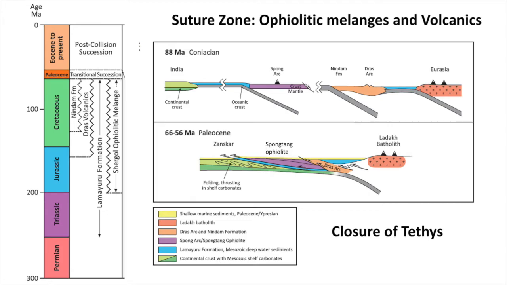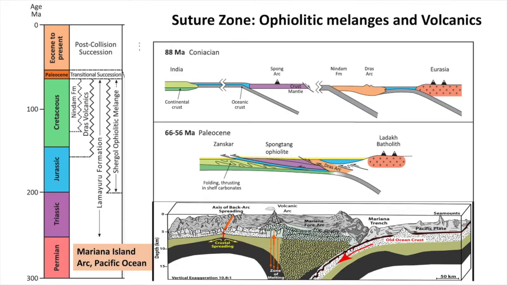And so let me tell you about the Mariana Arc. It's the deepest subduction zone anywhere in the world, and it's as deep below sea level as Everest is above sea level. An extraordinary subduction zone creating an island arc.